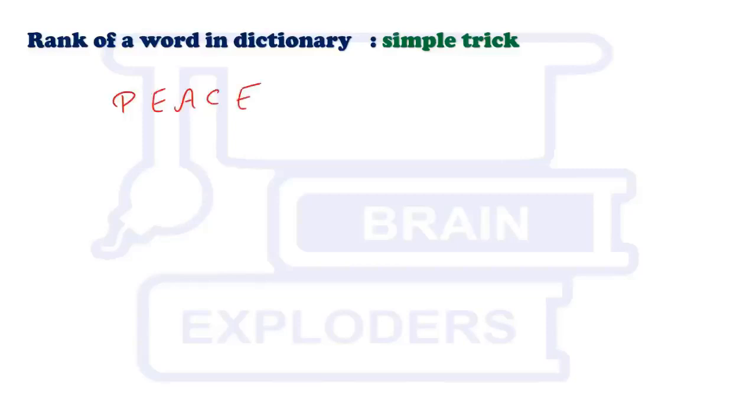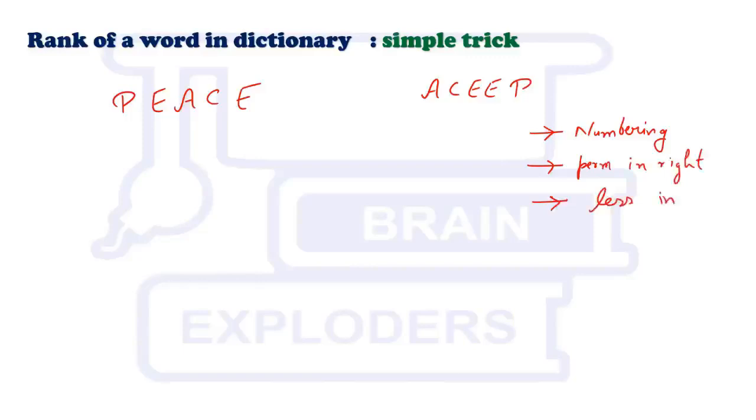So we can write A, C, E, E, and then P. In the simple trick we will do 3 things. First, the numbering, then we will find the permutations in right, and the third thing, less in right, and then repeat. Let's see them one by one.